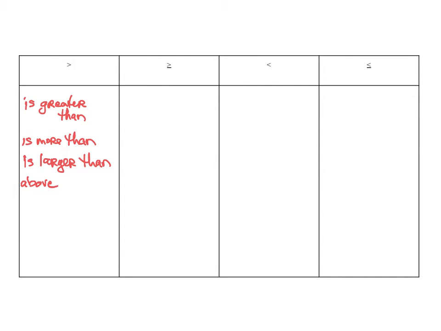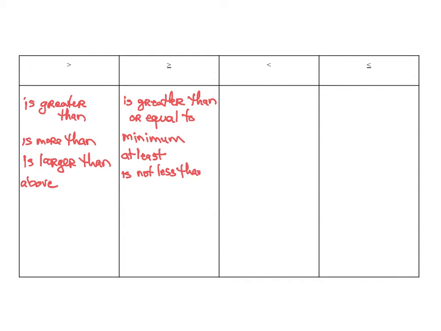The next one is greater than or equal to. It's also known as the minimum, at least, is not less than, and not smaller than.